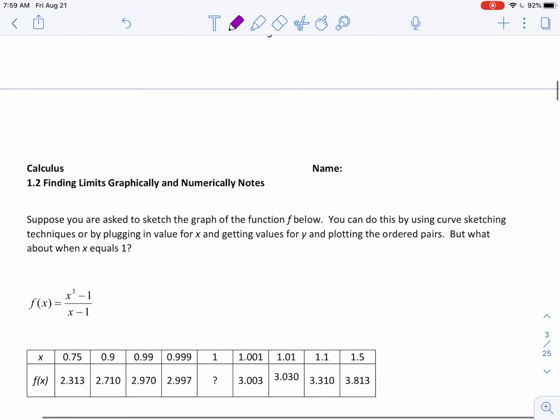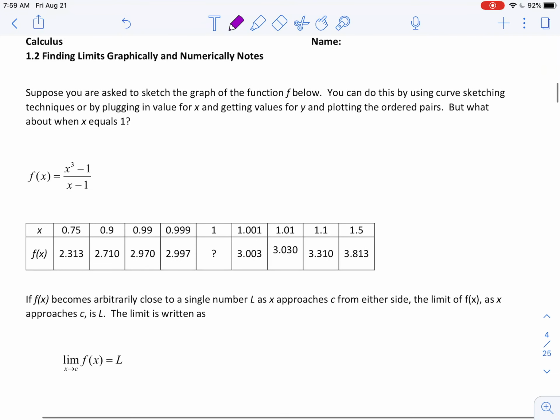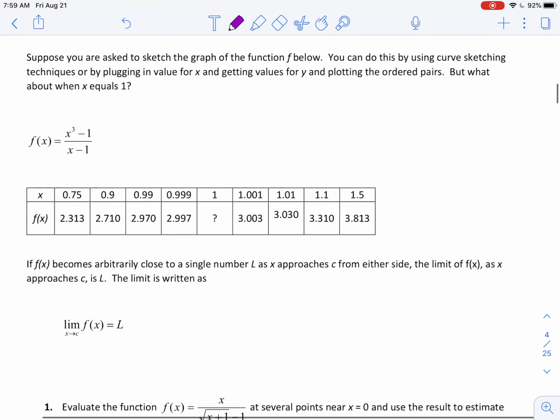Okay, so let's just get into the meat of things here. Finding limits graphically and numerically notes. Suppose you are asked to sketch the graph of the function below. You can do this by using curve sketching techniques or by plugging in values of x and getting values of y and plotting the ordered pairs. But what about when x equals 1?